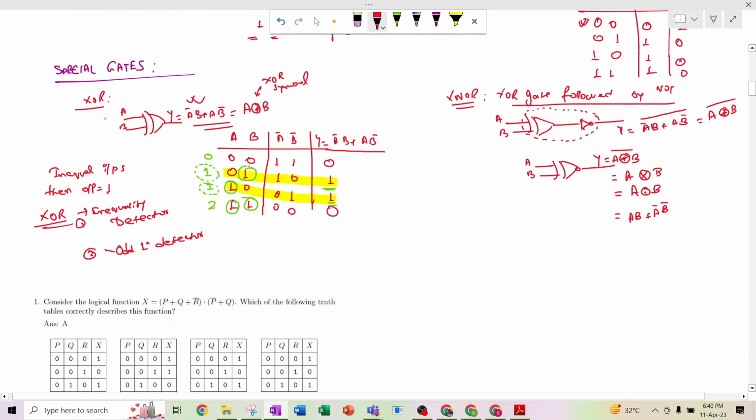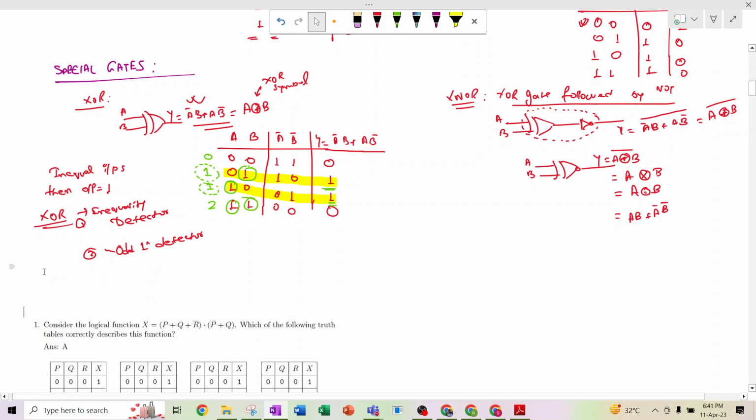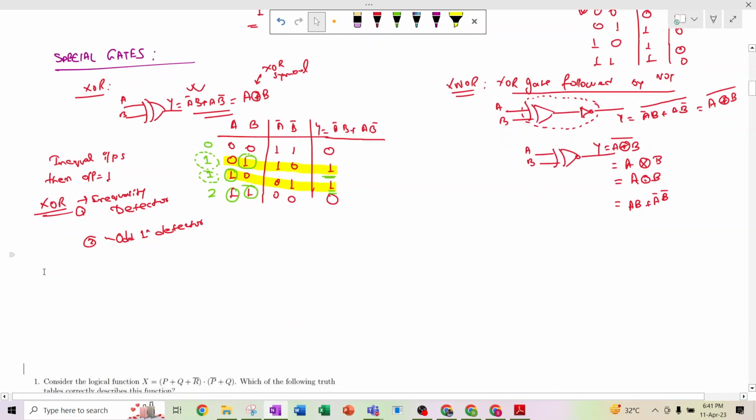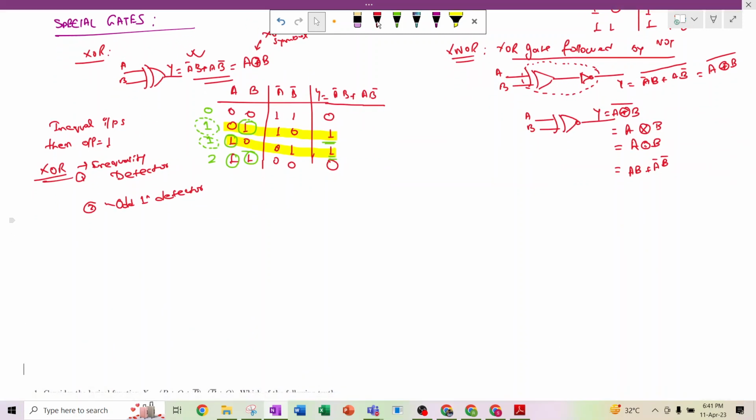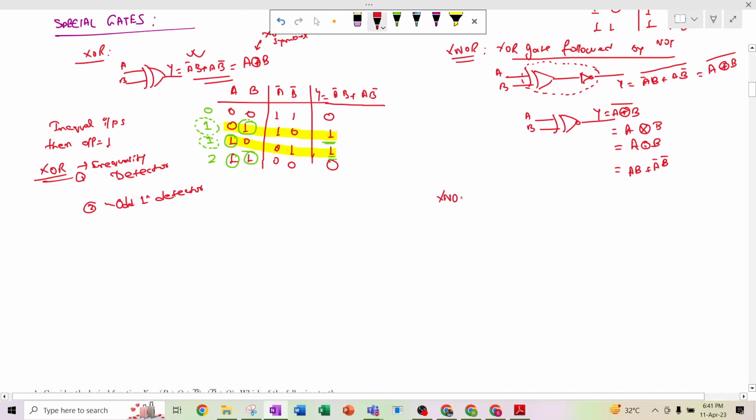I will show how we get AB plus A bar B bar. Basically, the XNOR operation is A XOR B, this bar.